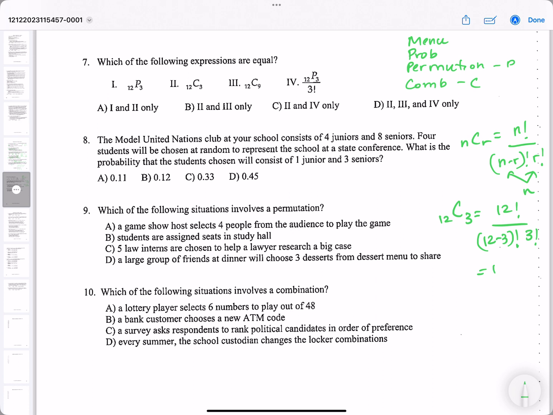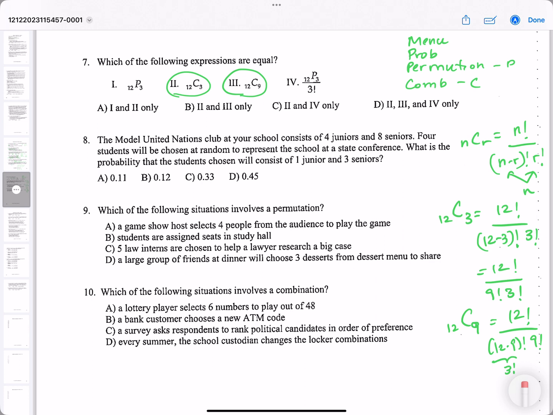So that's 12 factorial over 9 factorial times 3 factorial. Then let's look at 12 choose 9. That's 12 factorial over 12 minus 9 factorial, times 9 factorial. You can see that's going to be 3 factorial, identical to what I just had. So this one and this one are identical to each other.